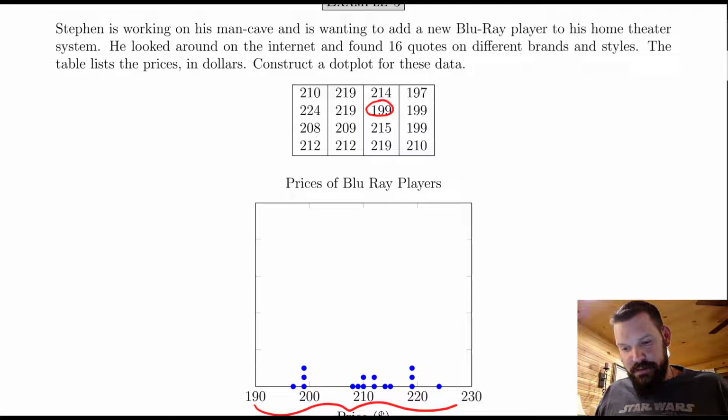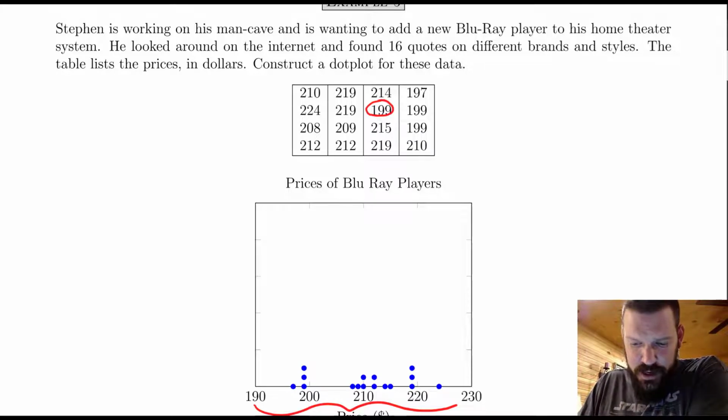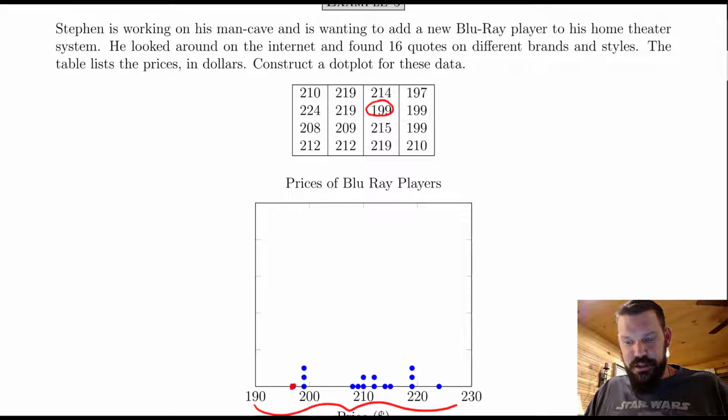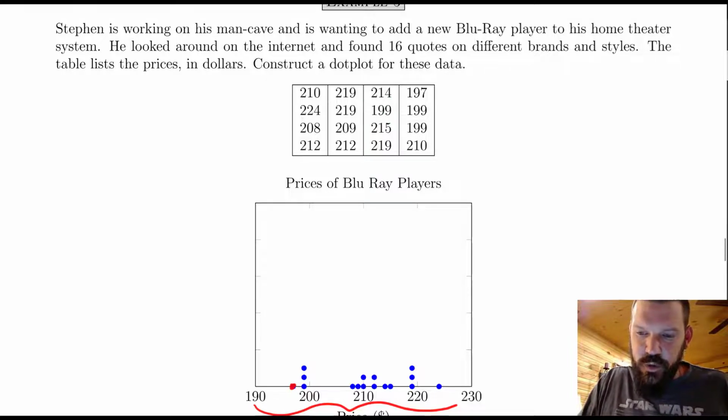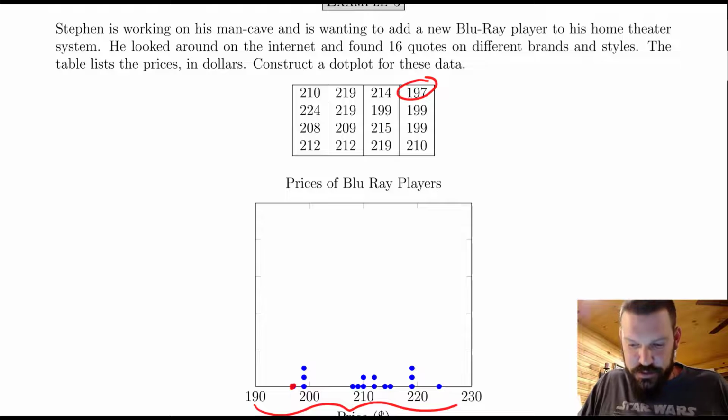I chose to go by $10 increments. So for $199, there is one instance of $199, and that gives me this point right here. The next largest value in the table, wait a minute, sorry guys, 197 is the smallest. So that's 197, not 199.